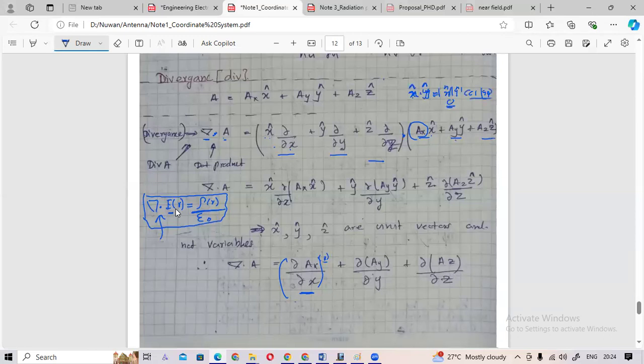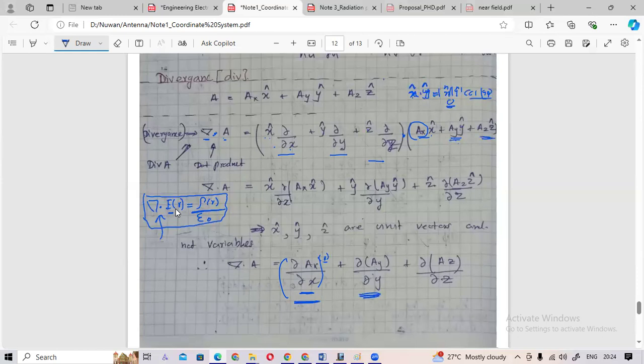So you will only have this one. If you consider this one, the vector dot product y hat dot y hat, you will have 1. So ay into dy, you will have this term, but other terms, for example y hat x hat, will be 0. Y hat z hat will be 0.